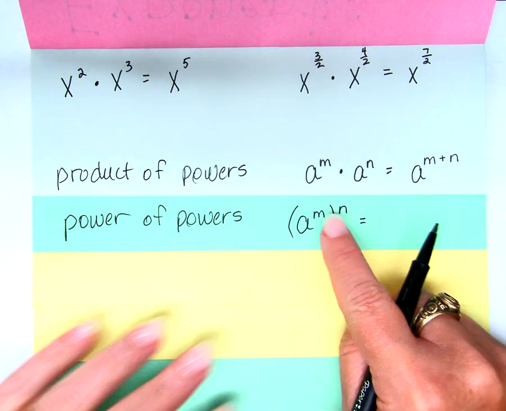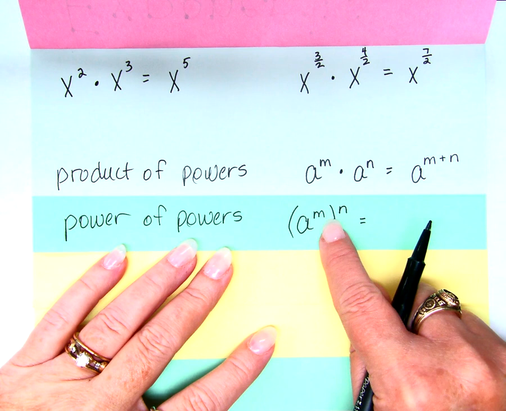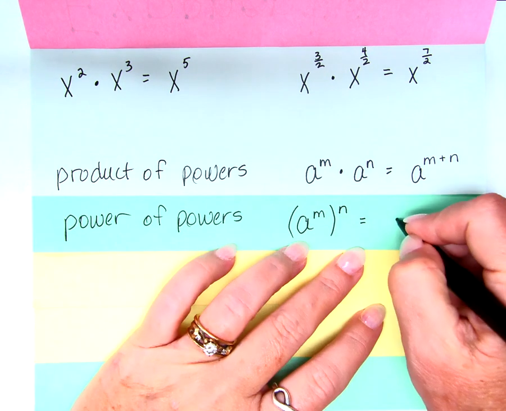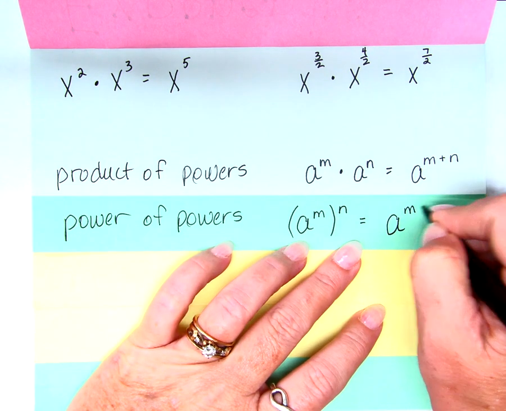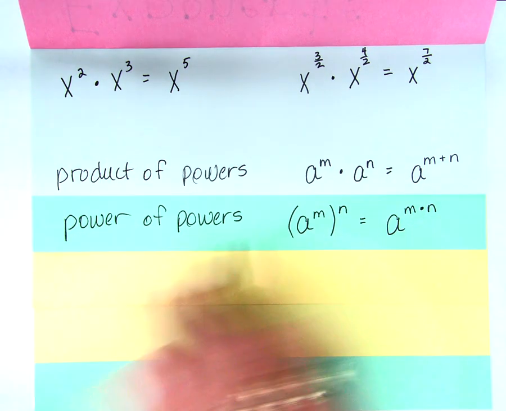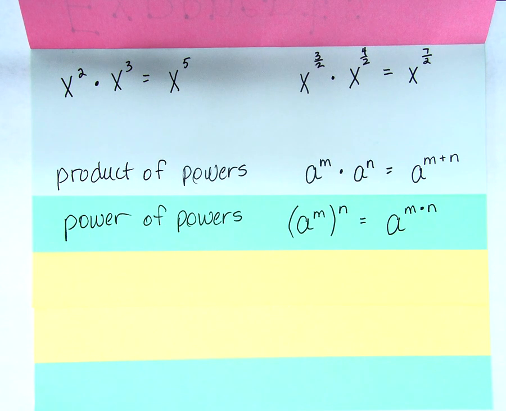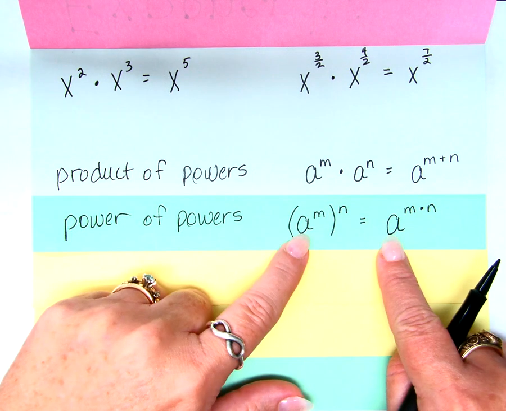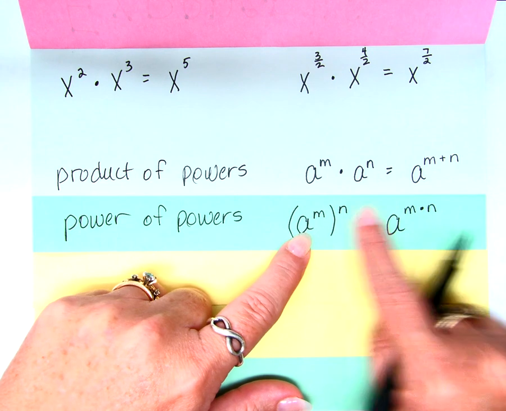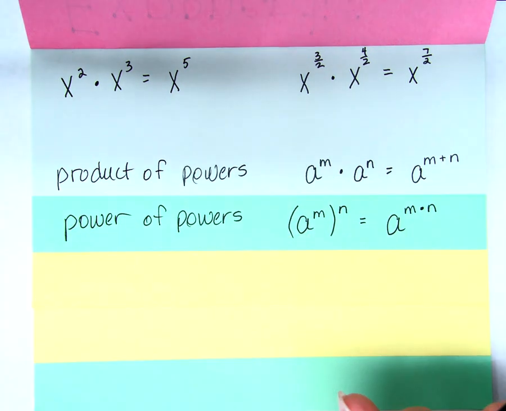If I'm raising a power to a power, what do I do with those numbers? M times n, right? M times n. You got that? Wait, so we can multiply the a by whatever? The a stays the same. That's the base. It's just the exponents that I'm messing with.